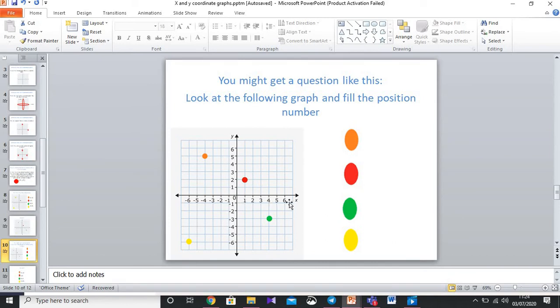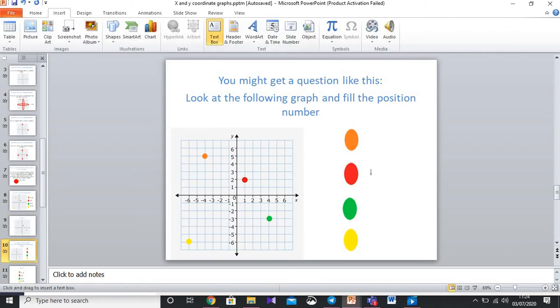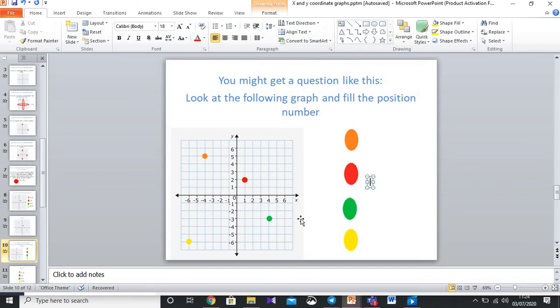Say number 1 from the x-axis and number 2 from the y-axis. So we can write like this. Red dot, bracket, 1 from the x-axis, comma, 2 from the y-axis, bracket. So I'm going to just make it a little bit bigger. Okay.